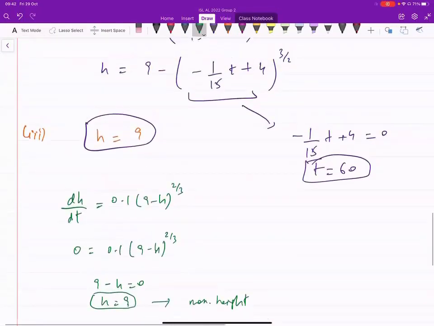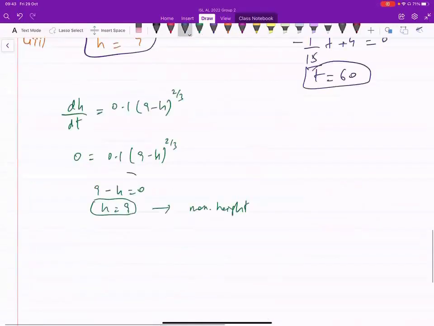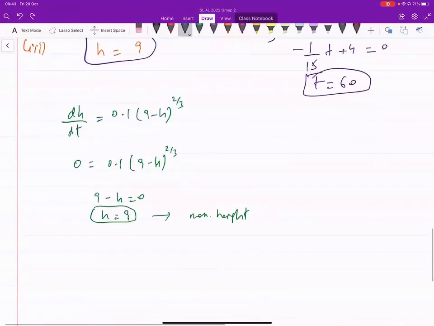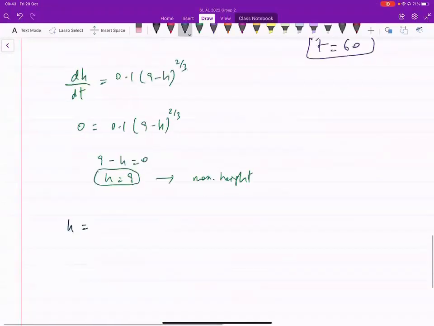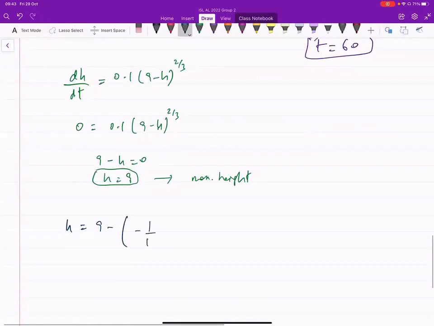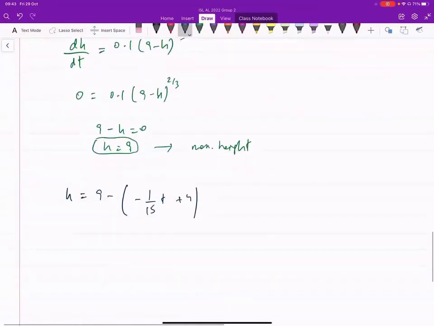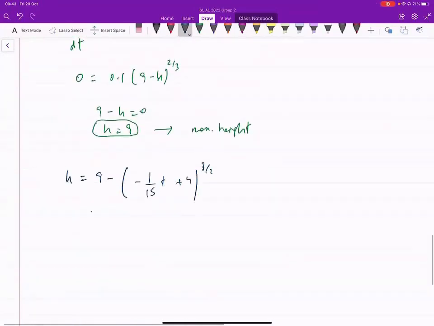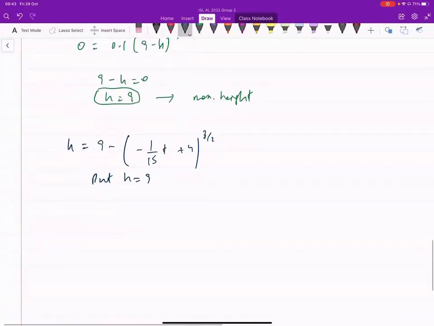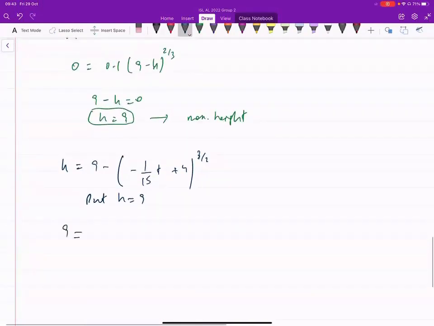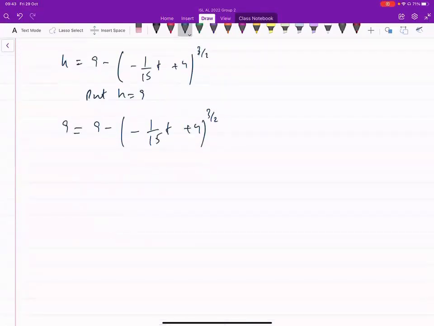यहाँ पे it's easier because this equation is pretty straightforward to solve. इसमें सिर्फ एक ही solution आता है आपको. You don't get multiple solutions there. h की वैल्यू सिर्फ 9 आ रही है, उसमें जाके इनपुट कर दें. h equals 9 minus -1/15 times t plus 4 whole raised to power 3/2. यहाँ पे h की वैल्यू 9 इनपुट कर दें, you get 9 equals 9 minus 1/15t plus 4 whole raised to power 3/2. 0 हो जाएगा दूसरी साइड के ऊपर.